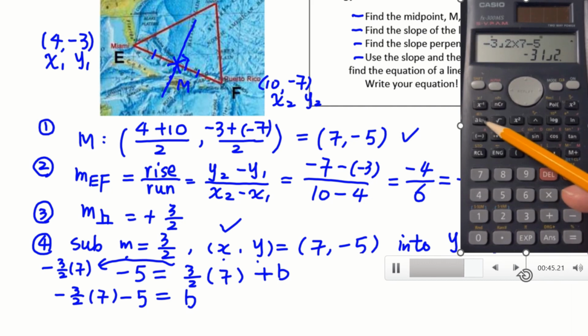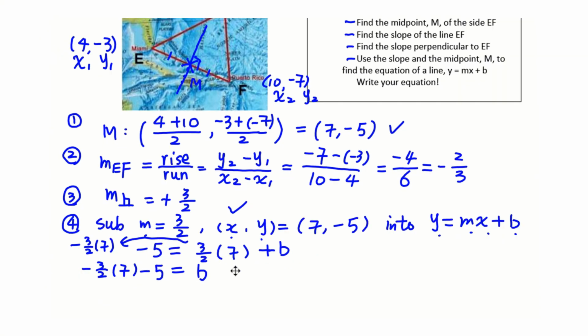Some calculators have just a square over square as a fraction button, then you can do any operations for fractions easily. So this is negative 31 over 2. So from the calculator we can see that this final answer is negative 31 over 2 equals b. Then we have the slope, we have the b value.